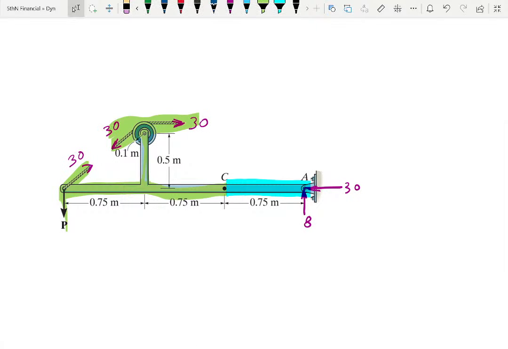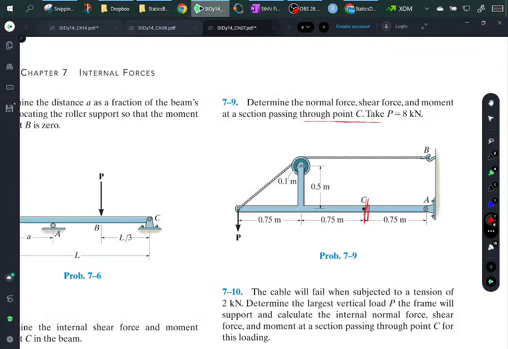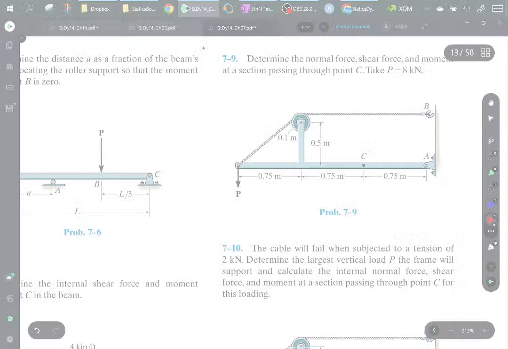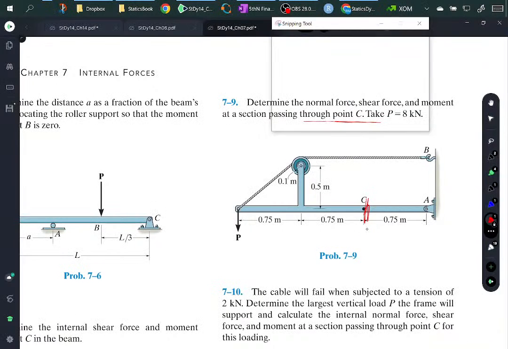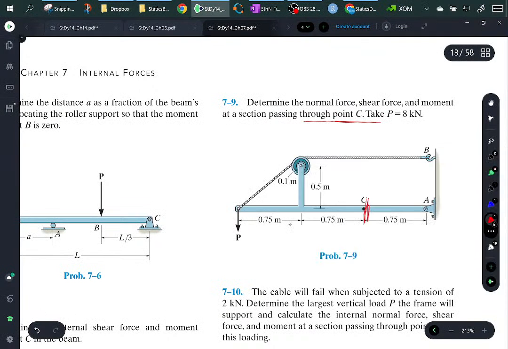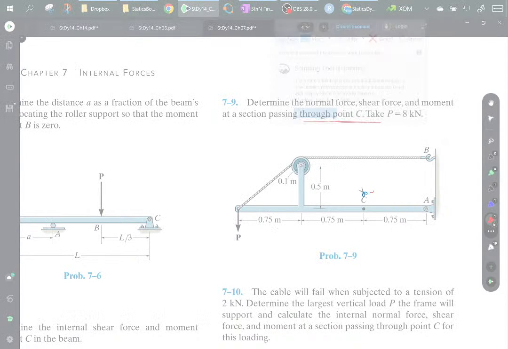So I'm going to go back to the picture and the clipping tool. Oh no, I've got to fix this over here. Okay, let's go back. Clip it again, new.